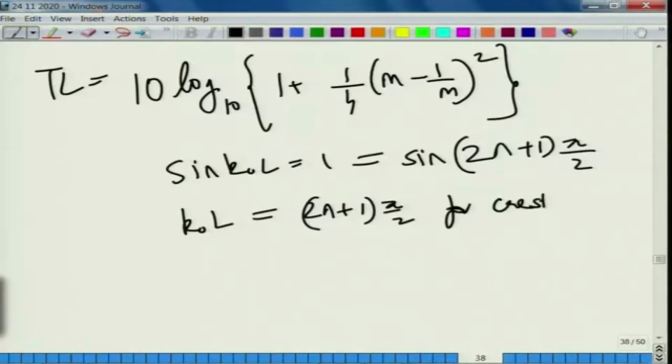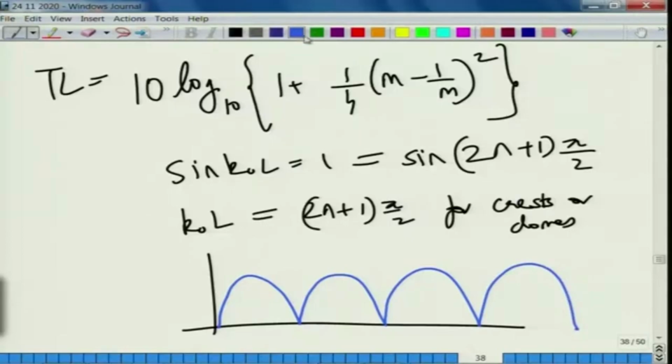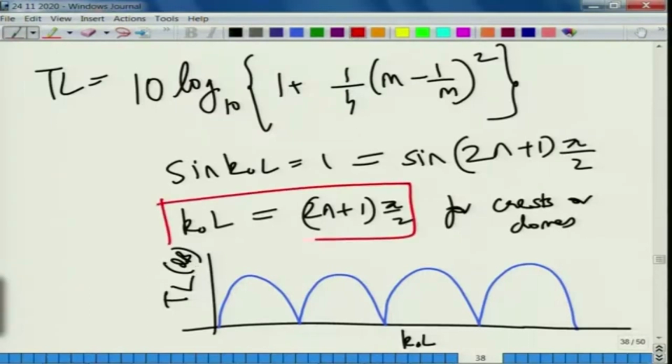If you recall, our transmission loss spectra looked like this. On the x axis is your Helmholtz number or the non-dimensional frequency, and this is your TL in dB. So, by this expression we mean that the maxima occur, the first frequency of occurrence being k naught L is equal to pi by 2.